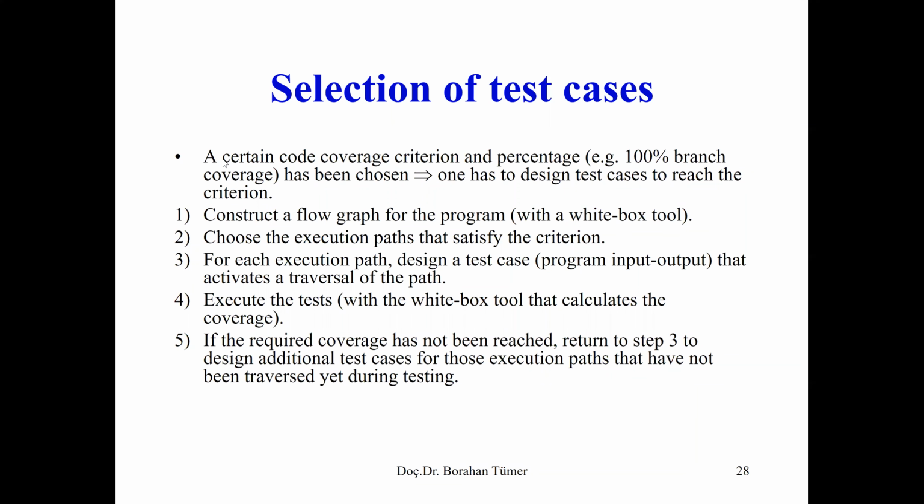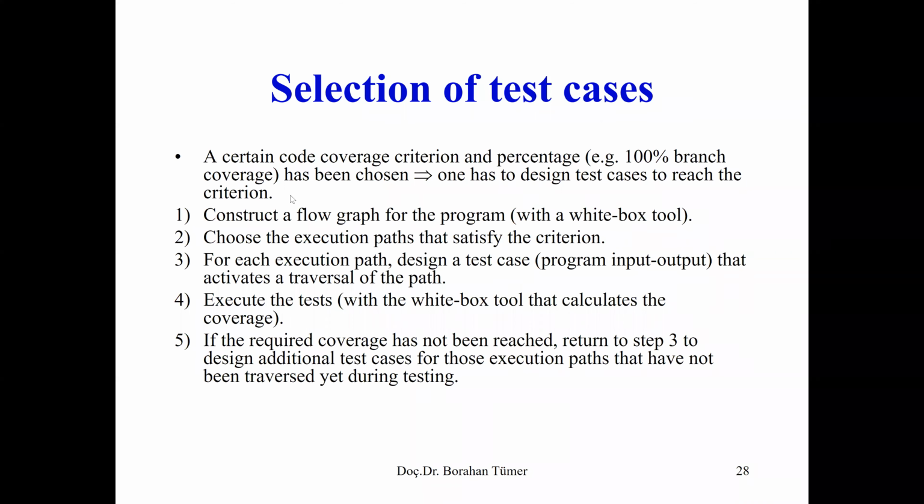Okay. Let's talk very briefly about the selection of test cases. A certain code coverage criterion and percentage, 100% branch coverage, has been chosen. One has to design test cases to reach the criterion. As I said before, we have to use as small a number of test cases as possible.